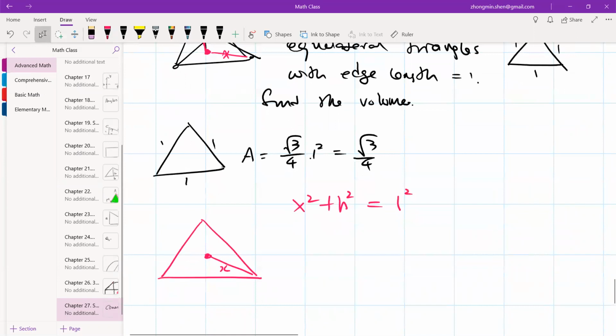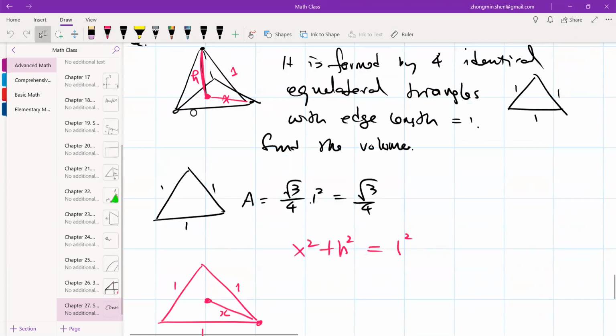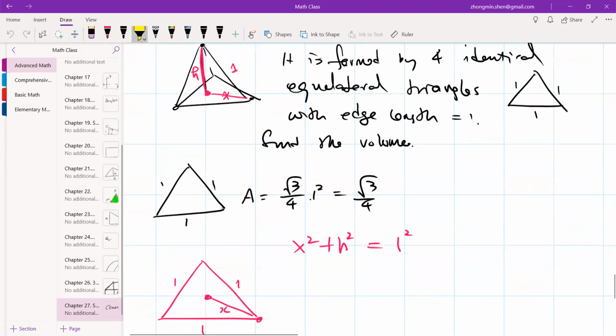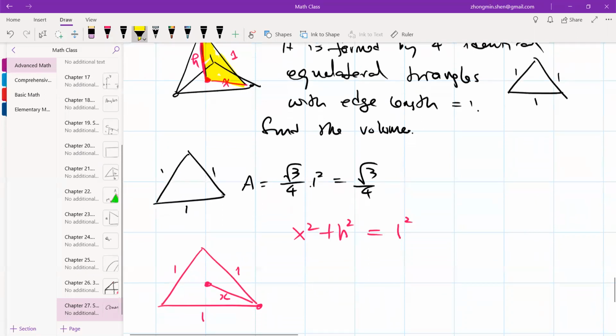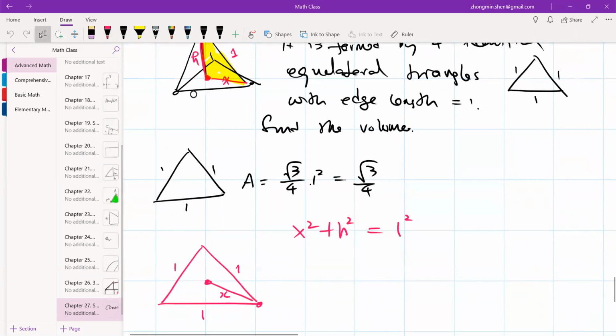Okay, so this is another geometry question, right? How to find the distance from center to the vertex? Because if you look at the right triangle above, if you want to apply the Pythagorean theorem, this problem is similar to the previous problem, but the base is an equilateral triangle, so it's slightly more difficult to find the x, the distance from the center to the vertex.